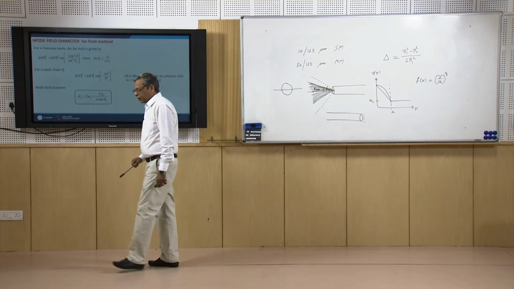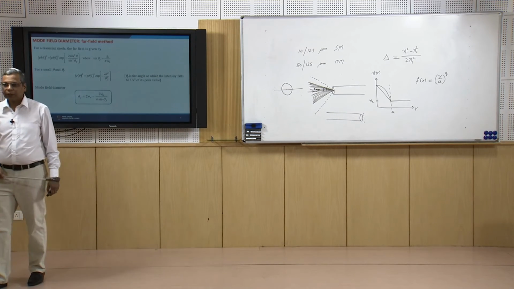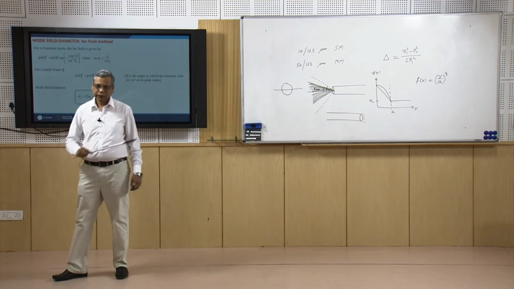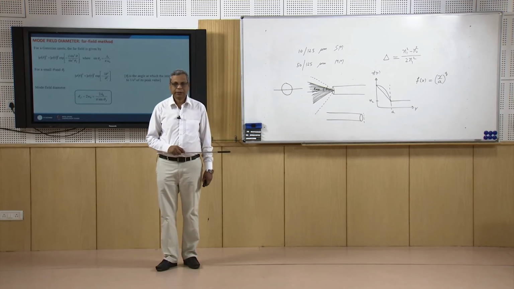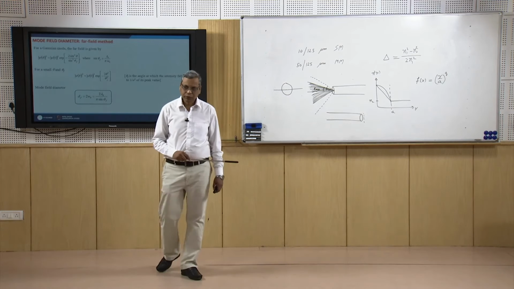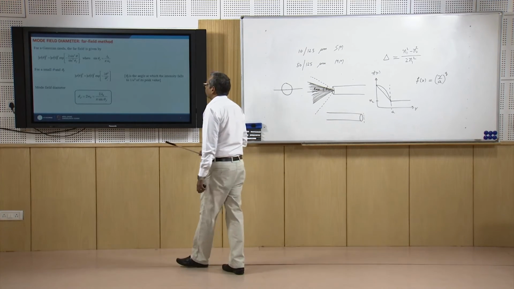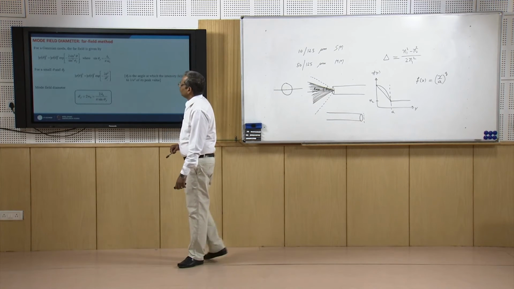Then another important parameter of a fiber, particularly of single mode fiber, is mode field diameter. So, the first two parameters were for multi-mode fiber, and this method is for a parameter of single mode fiber, which is mode field diameter.